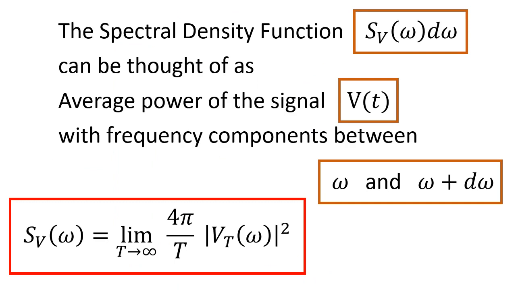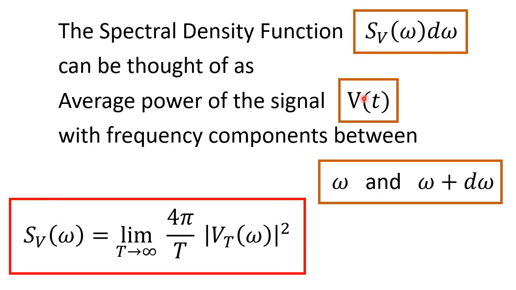I am rewriting it just to emphasize it again. The spectral density function S_V omega d omega can be thought of as the average power of the signal, the signal being V of t, with the frequency components that lie between omega and omega plus d omega.